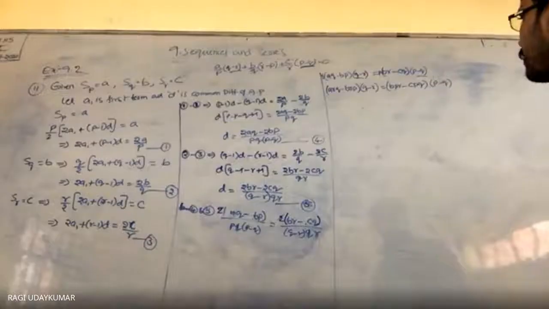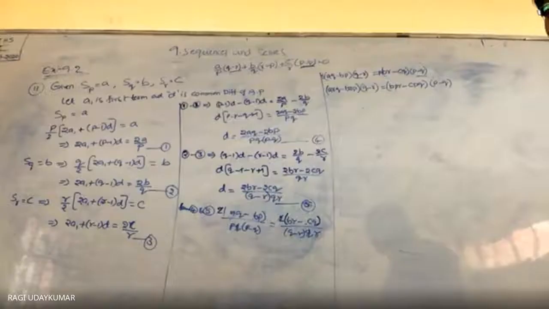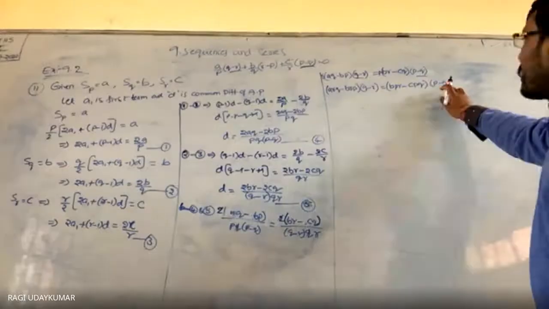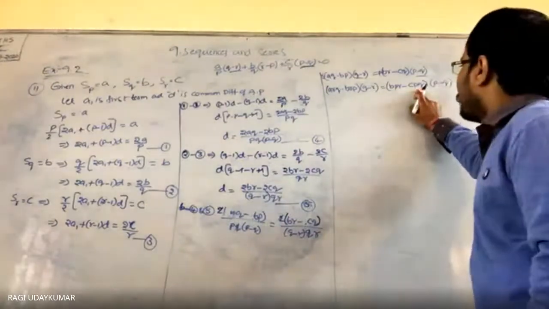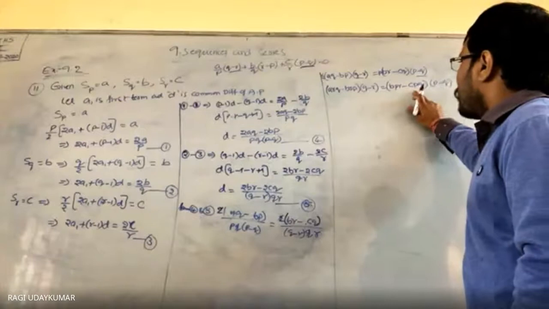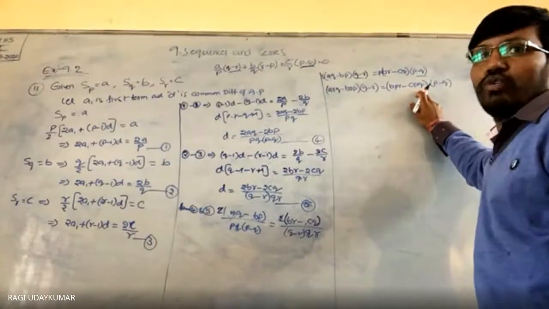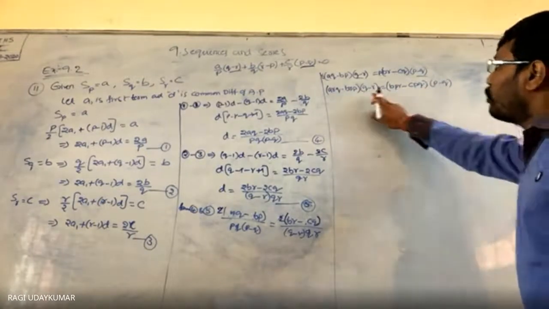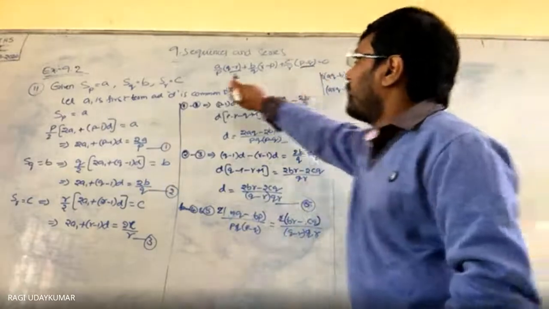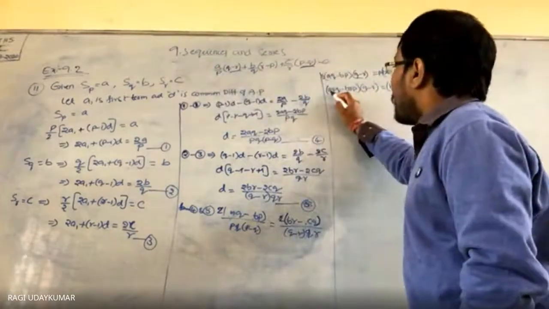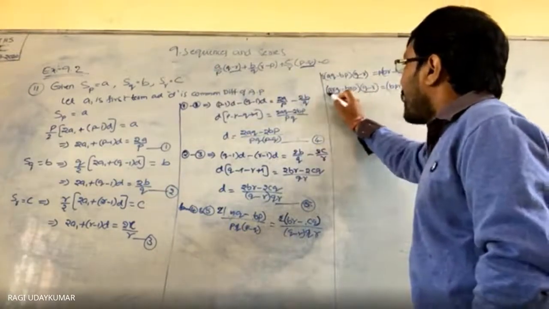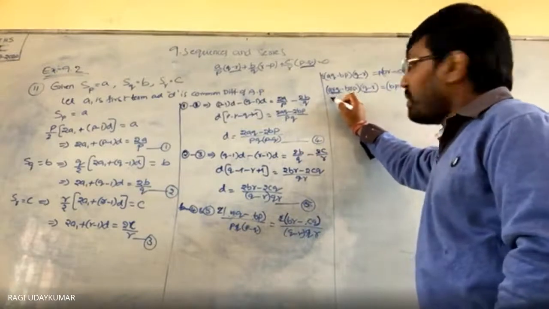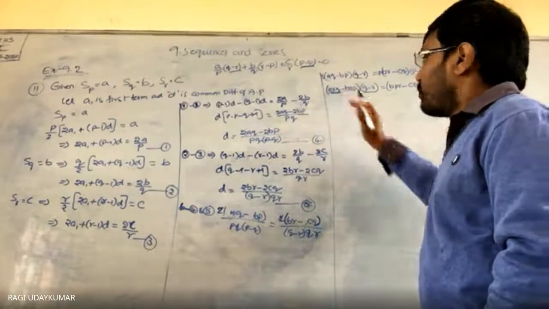With p minus q, what do we need? c by r. So that means we need to divide by pqr. With q minus r, what should come? a by p, so a by p should come below.